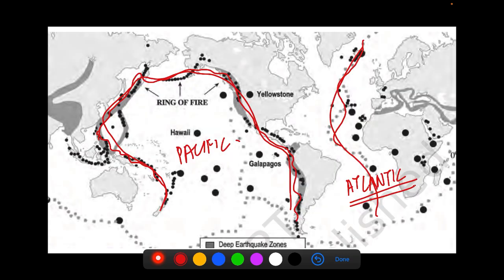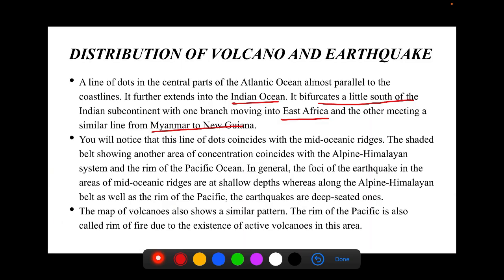So we can see that this line is moving towards East Africa, and it further moves to the area of Myanmar, right?